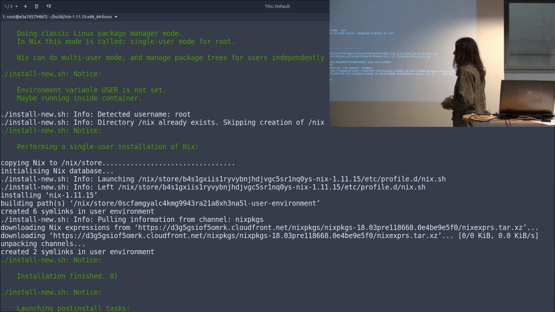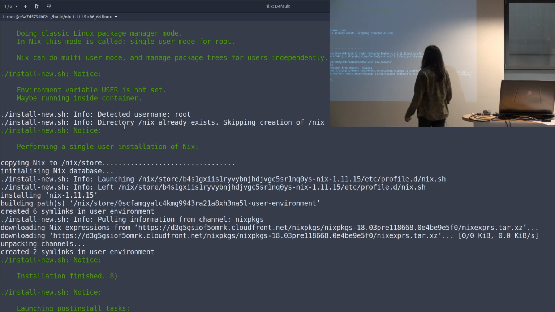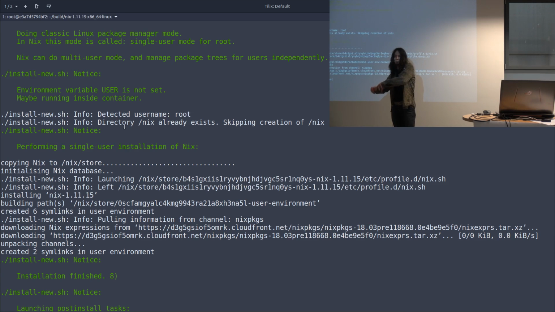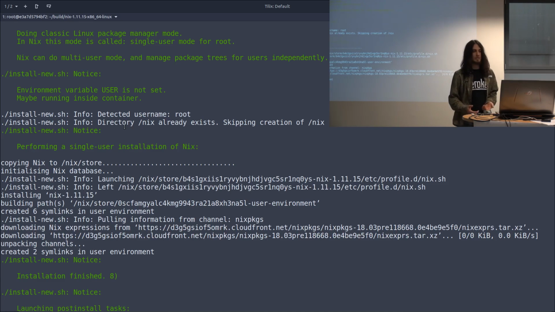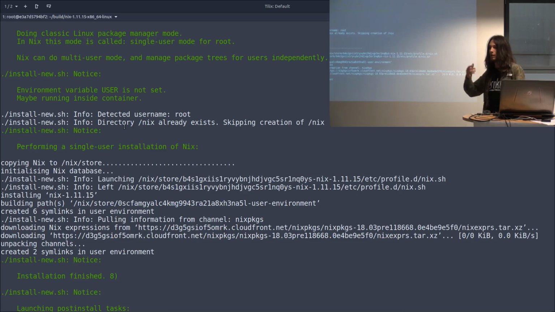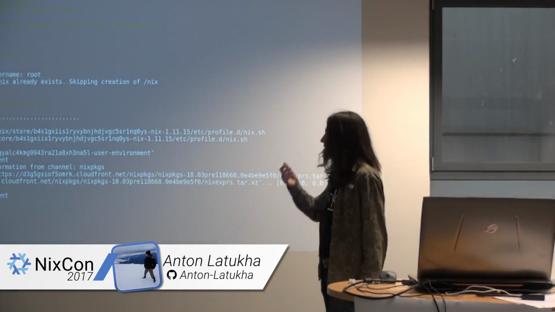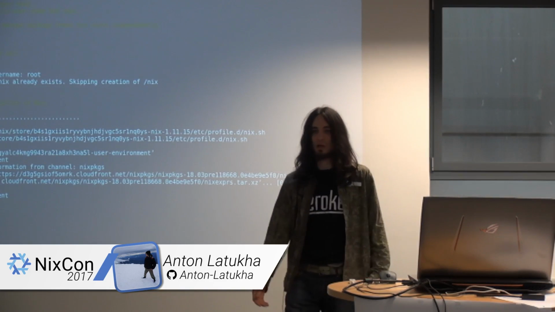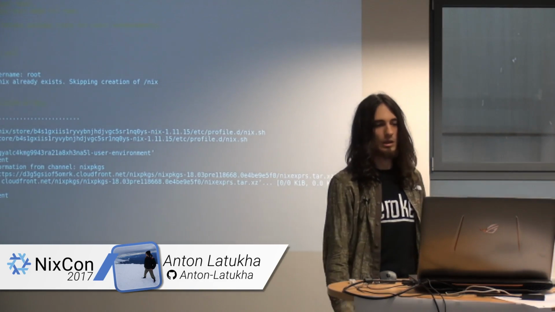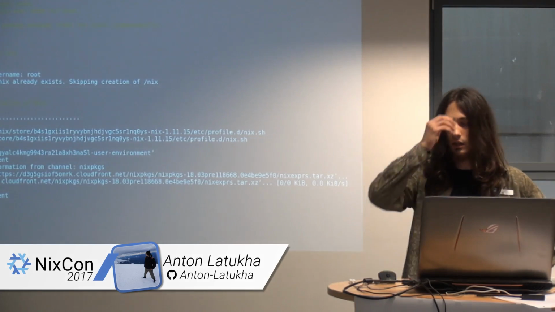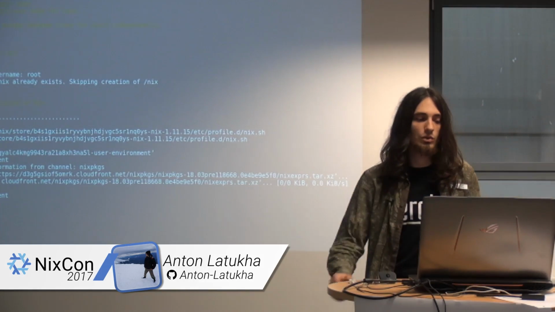Another further point to be done is, if we detect that the user does not have access to the Nix folder, to the root permissions, we can ask the user to provide a path inside home, and we can totally install the store inside the home directory of the user. So the user does not require root permissions to use Nix.